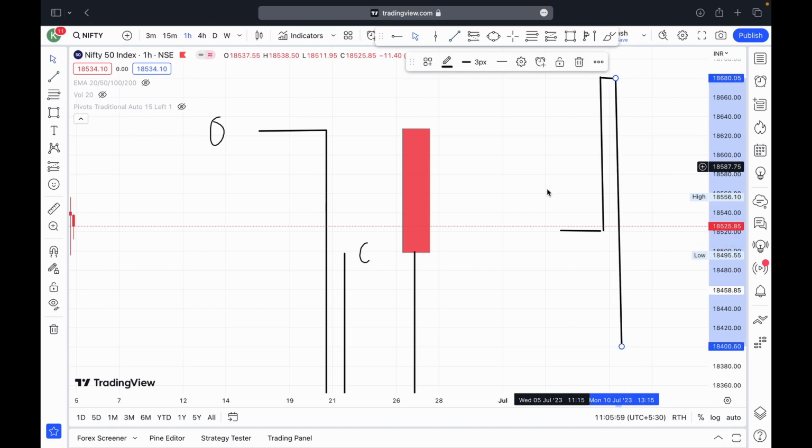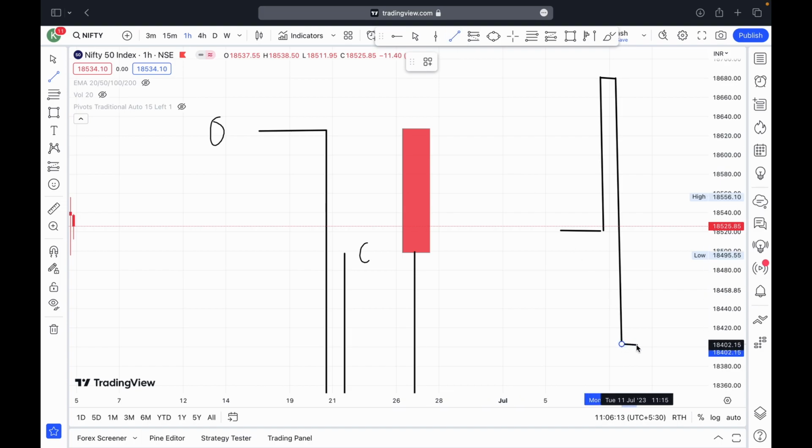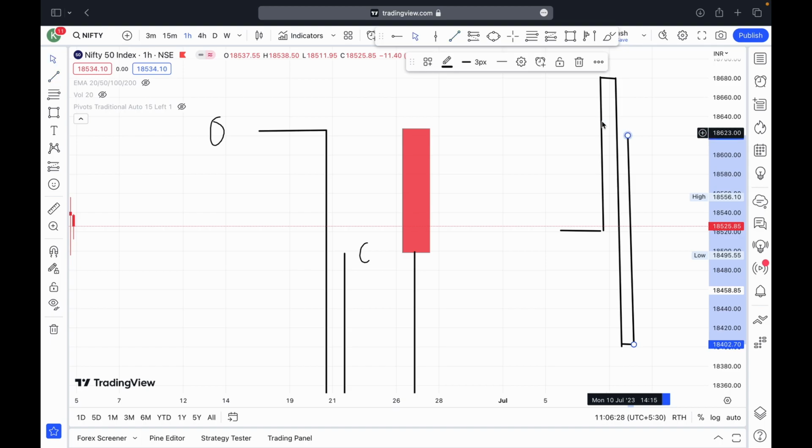In this whole process, buyers again start buying and the prices start increasing, which results in a recovery in the prices, and in the 1 hour time duration the price reached around 18,620, and the market closed here, right?